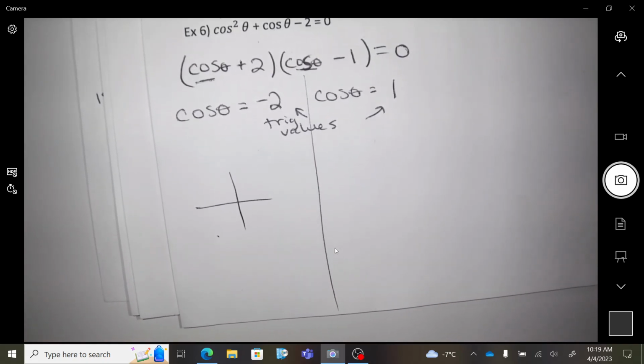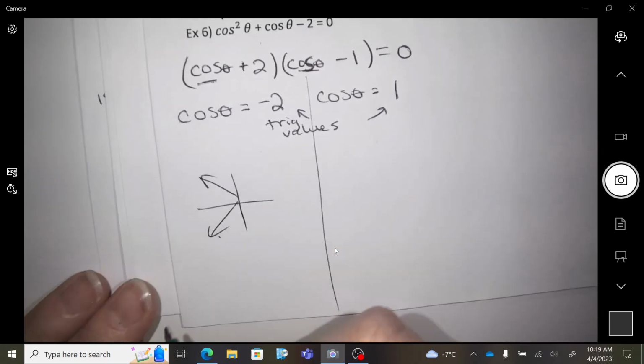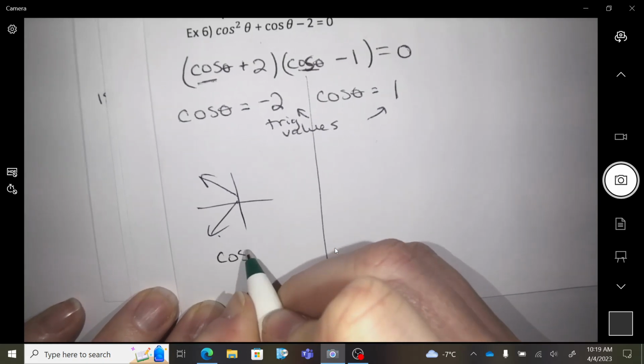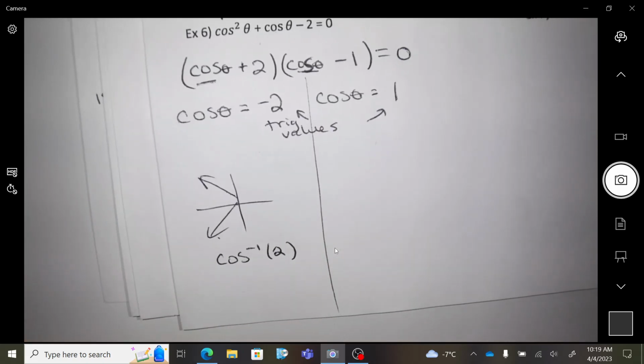Trig value done. So step 1 with angles is which quadrants are you going to go to? Cos negative. The left. Step 3, get me a reference amount. So what do I type in my calculator? Cos inverse of 2.